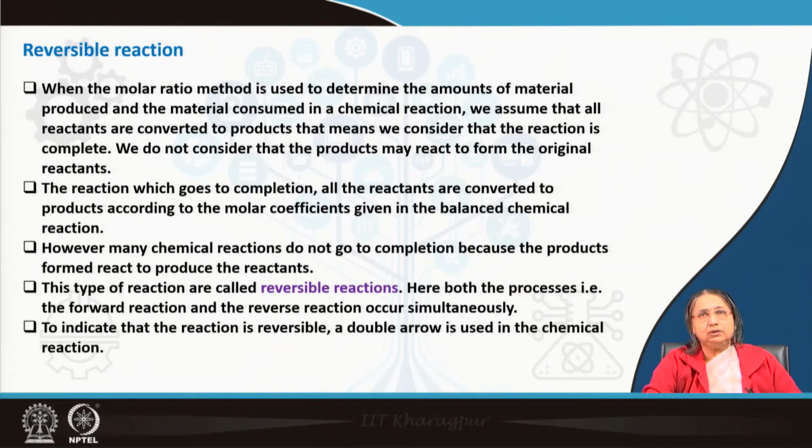The reactants form the products, and at the same time the products also form the reactants. This type of reaction is called a reversible reaction. Here both processes, the forward reaction and the reverse reaction, sometimes called the backward reaction, occur simultaneously. And to indicate that the reaction is reversible, we always use a double arrow in the chemical reaction.